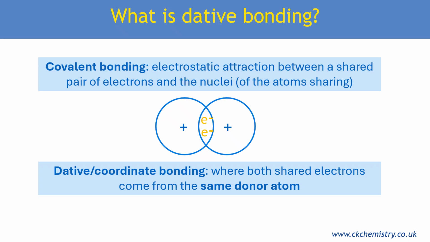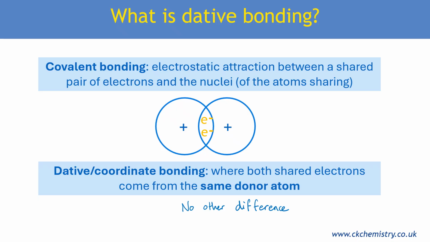In a dative bond, both the shared electrons come from the same donor atom. We're going to get into that and look at what donates and what accepts and give some examples. The key thing to realize is that other than dot and cross diagrams, or how they form, there's no other difference.